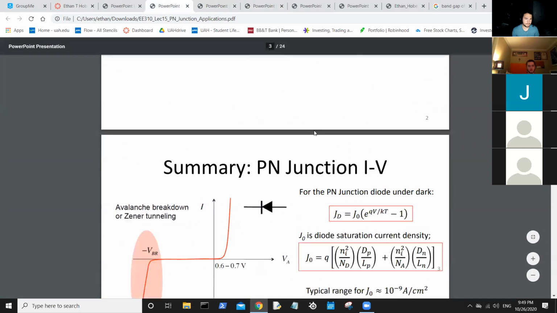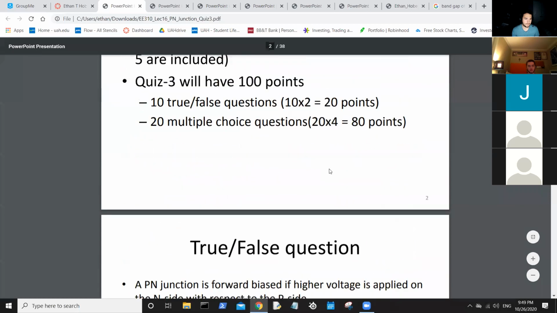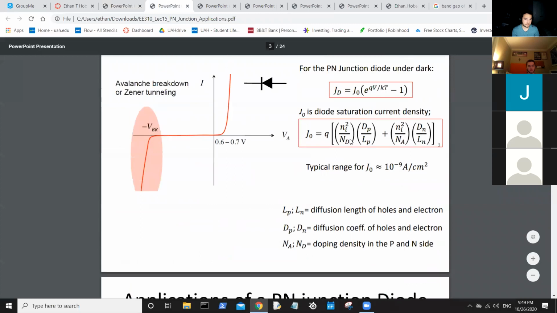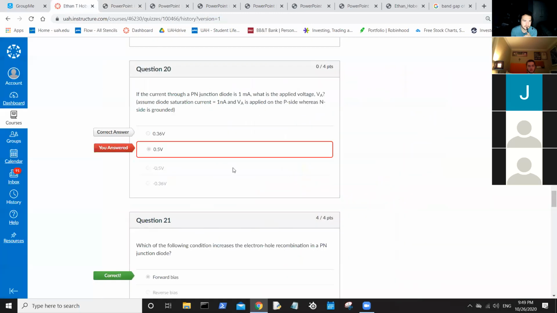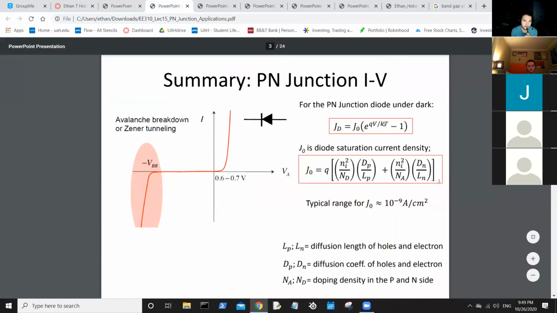Might be in this one. No, it's definitely not in that one. Where are you hiding from me? Nope, that's about this. Here they are. So this question is using this formula right here. And it gives you everything but V and asks you to solve for V.